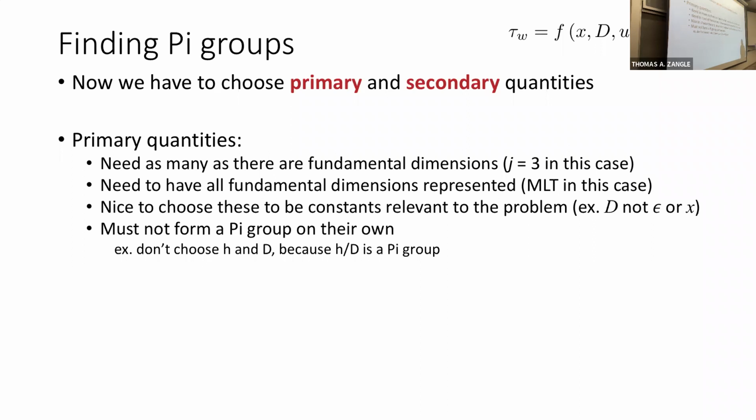Generally, something that's going to be constant in a particular problem. This is one of those dark art pieces of dimensional analysis, which is why it's a nice to have, not a need to have. Depending on the choices that you make for primary quantities, you can get a solution that's more elegant, you know what I mean, to these dimensionless groups.